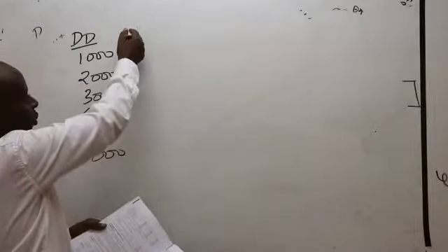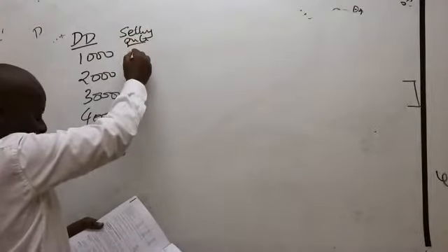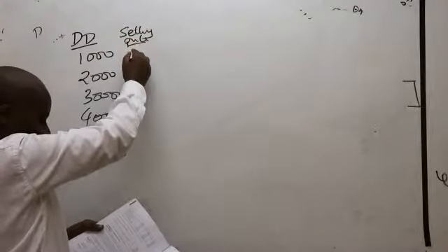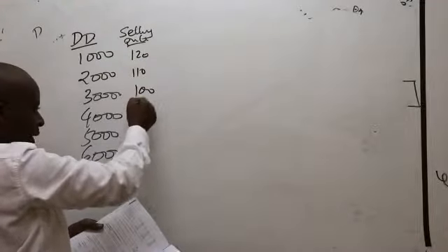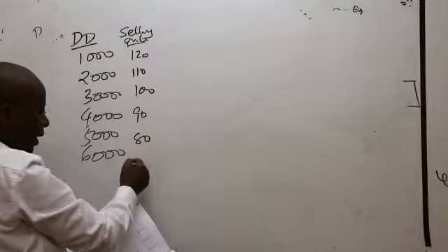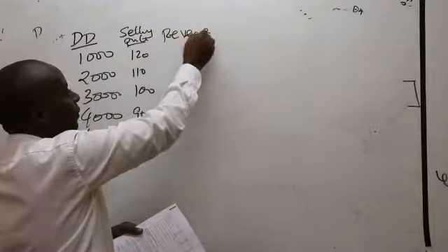The selling price of course remains the same: 120, 110, 100, 90, 80, 70. So the revenues will be the same.